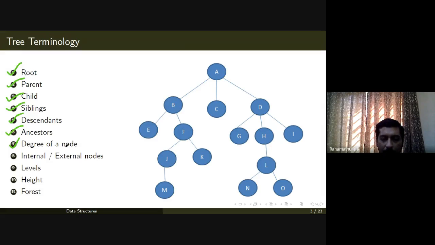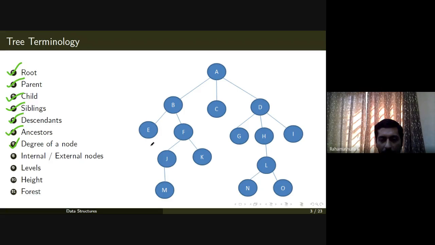Internal and external nodes. You can see that the degree of this node is 0. There is no edges that is coming out of this. The degree of this node is 0. For this node degree is 0. For this node degree is 0. For G, N, O, and I, for all these nodes the degree is 0. Those nodes whose degree is 0 are called the external nodes or leaf nodes.